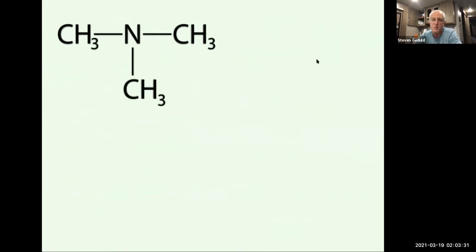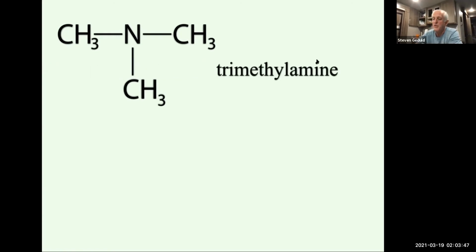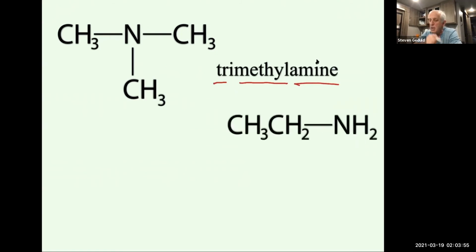Want to guess what this one would be as a common name? The IUPAC name was N,N-dimethylmethanamine. The common name is going to be trimethylamine. It tells you tri, there are 3 methyl groups, and it's an amine. Again, primary amine here.